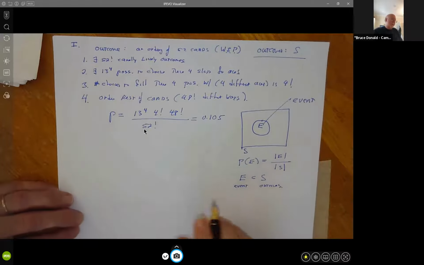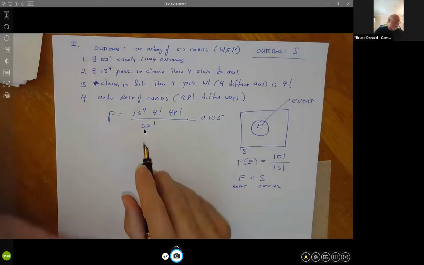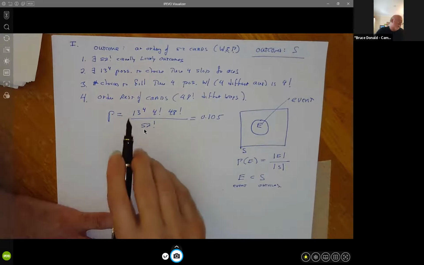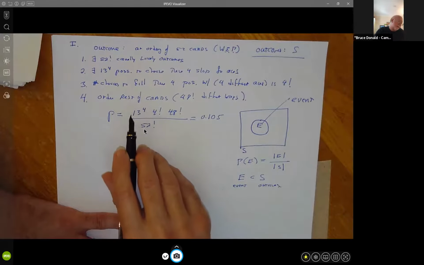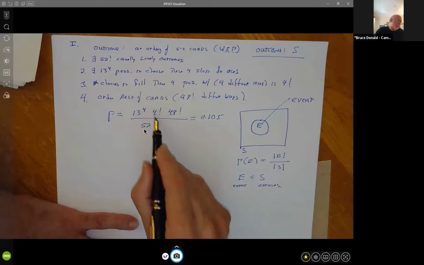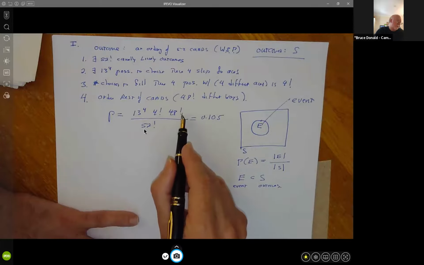So now our equation starts to make sense for our calculation. The number of all possible outcomes, as we already said, is 52 factorial. 13 to the 4, where does that come from? That's the number of possibilities to choose the 4 slots for the aces. 4 factorial, that's the number of ways to permute the aces to fit into those 4 slots. 48 factorial, that's the way that we order the rest of the cards, in 48 factorial different ways.